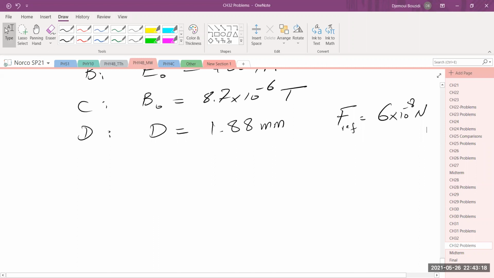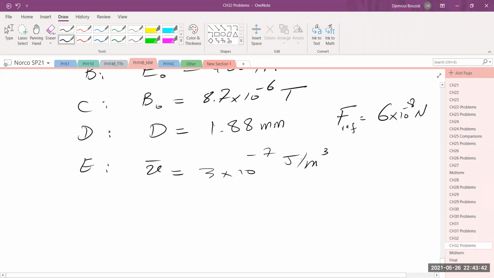And laser E has an average energy density, U bar, equal to 3 times 10 to the negative 7 joules per cubic meter.